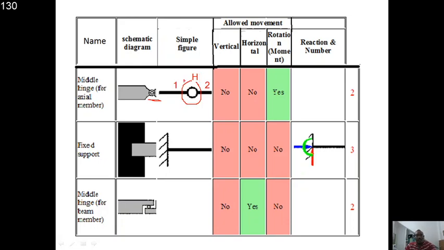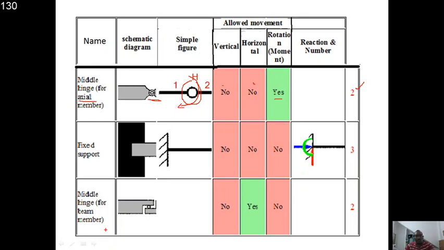In this figure, it is introduced for an axial member, that is, a load acting along the axis of the member. For this type also, the number of reactions is only two, right? Rotation is allowed at this point. At the hinge point, rotation is allowed, but no horizontal or vertical movement is allowed. Hence it is restrained against vertical and horizontal.